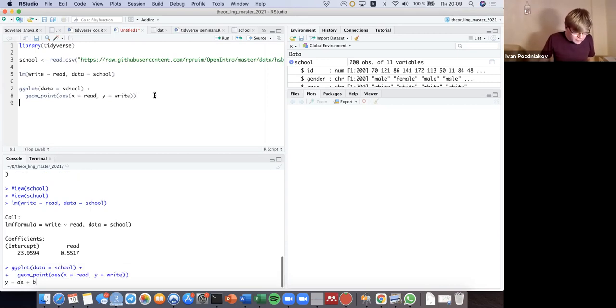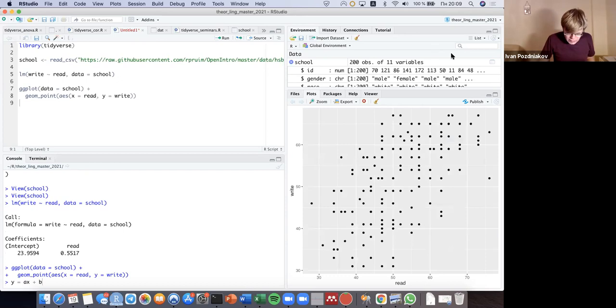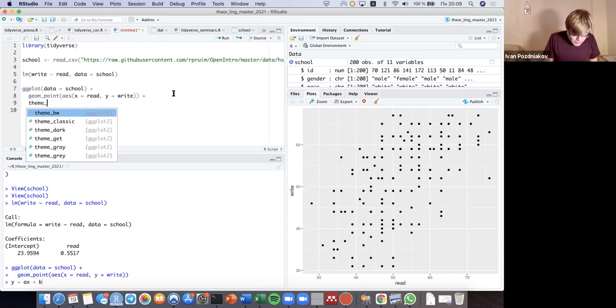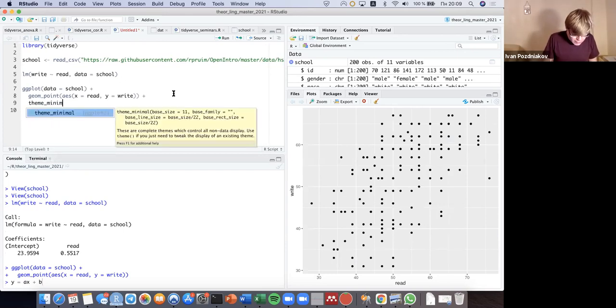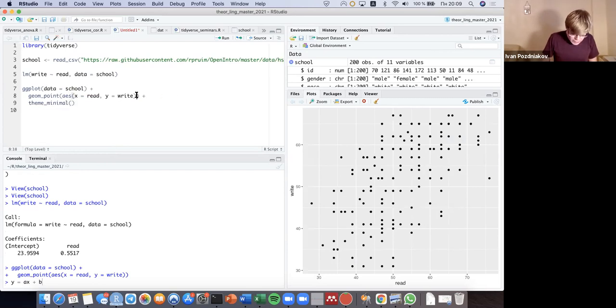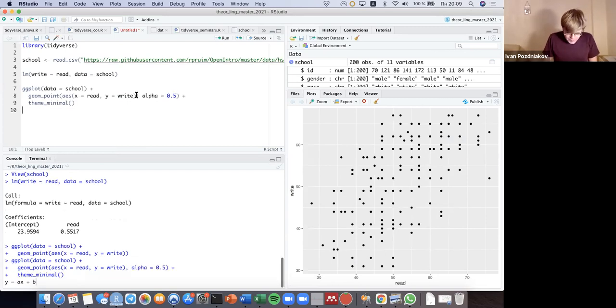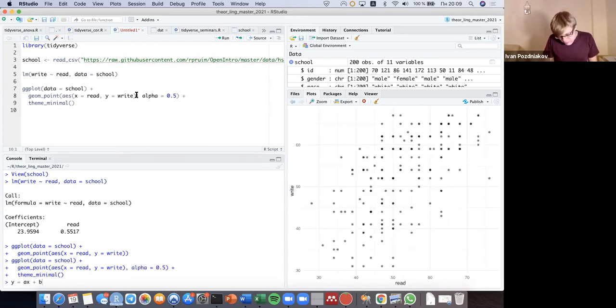Let's plot this. Okay, you can see this. Let's do theme minimal. And also we'll add some alpha here. Yeah, it looks better. I would also add some jitter because there are many dots right on top of one another.